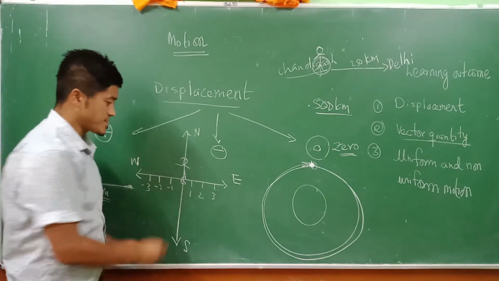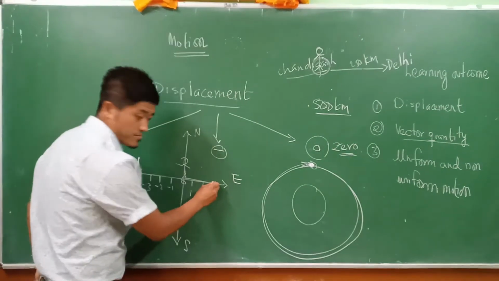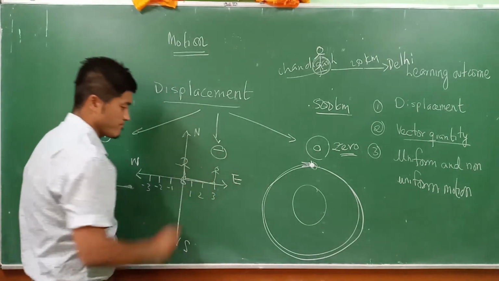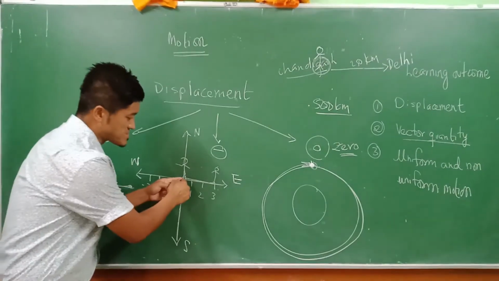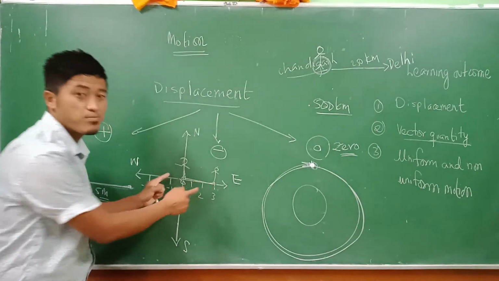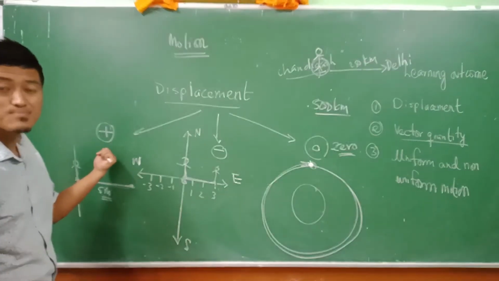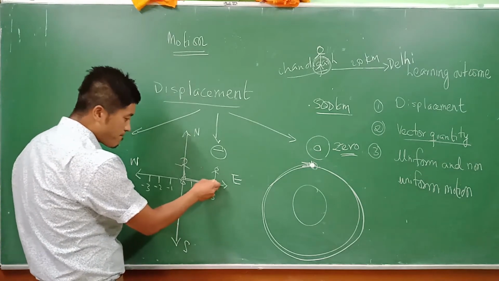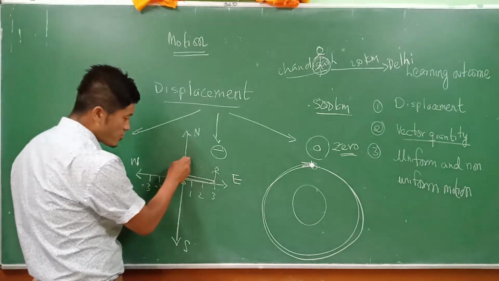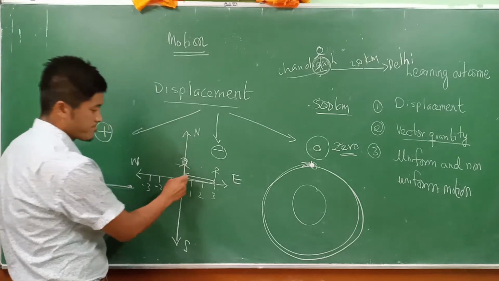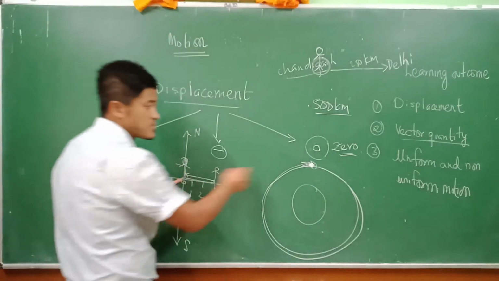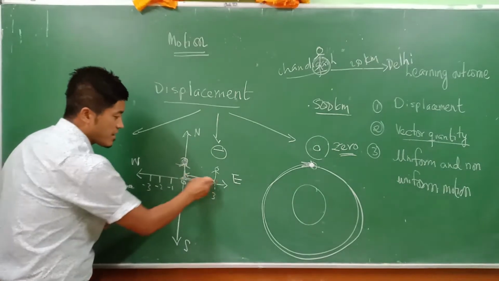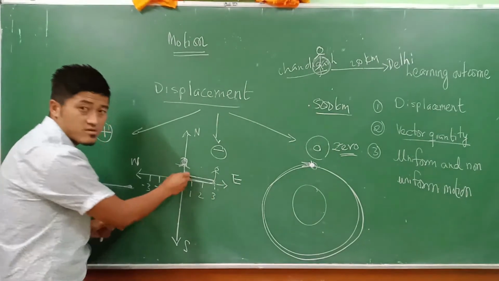This person travels 3 meters and he came over here. From 0 to 3, this value is positive, that is, the displacement is positive. Now this person again came back to his own original position over here. In the second case, displacement is 0. Why? Because he started from here, went over there, and came back over here.